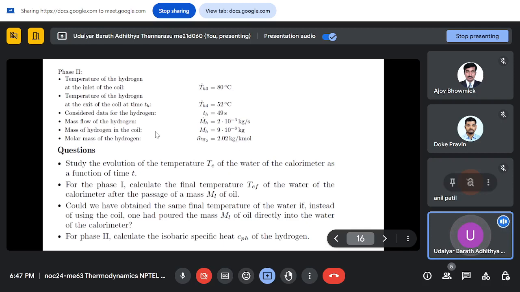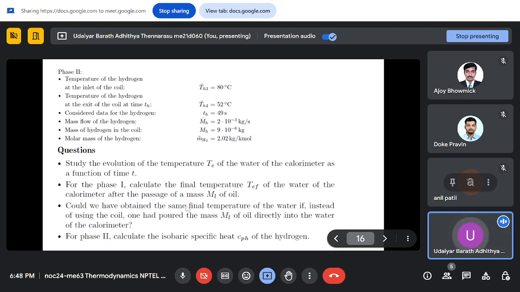What we need to find out is the evolution of temperature of water in the calorimeter as a function of time. For phase 1, calculate the temperature of water at the final state, given the initial state of 15 degrees Celsius.